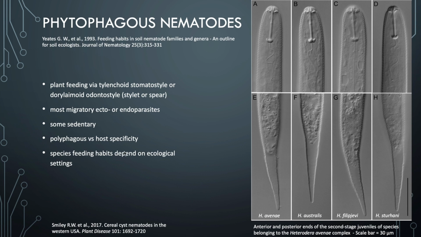And really, species feeding habits depend on the ecological settings. So while there are generalizations being made, each nematode and the plant it is associated with, the extent to which parasitism will occur depends on the ecological settings in that particular soil, even more specifically within that particular relationship.